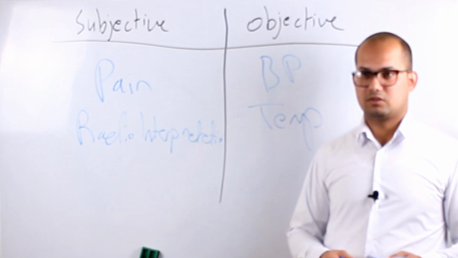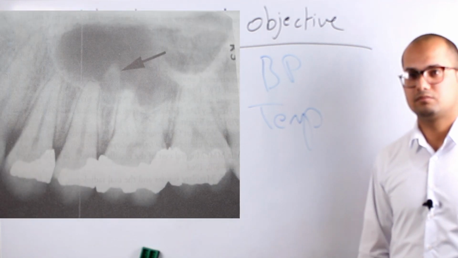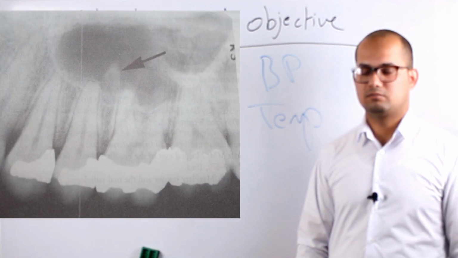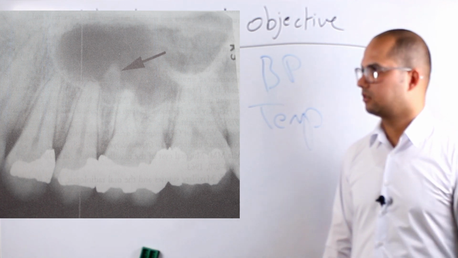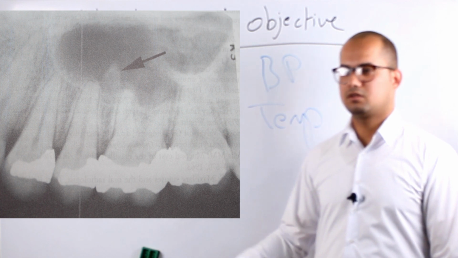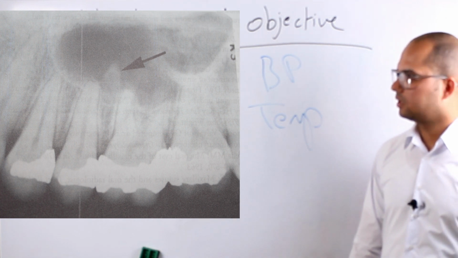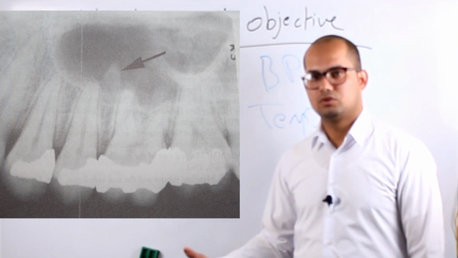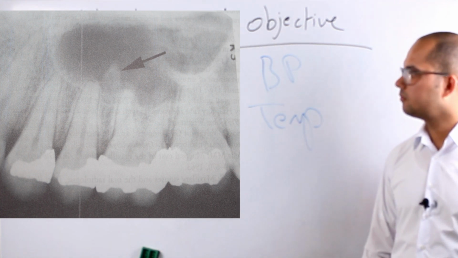Another clinical scenario. Look at that image. It looks very clear. There is a root tip inside the sinus. This patient was also referred to the maxillofacial clinic for a lateral window approach to retrieve that root.